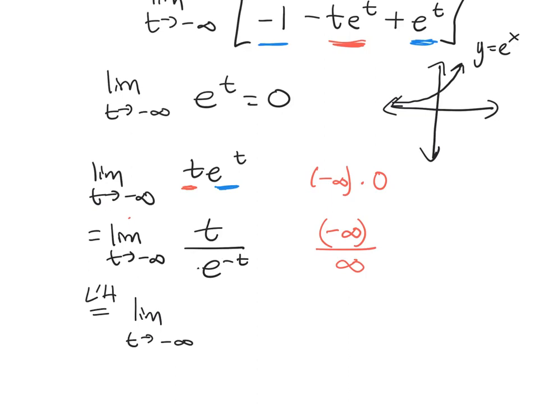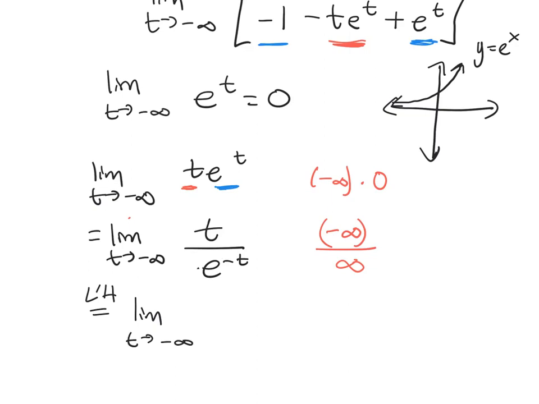So the reason why I know how to do that is because originally my limit is a product, right? I have negative infinity times 0. If I want to use L'Hopital's rule, I'd really like it to be a division. I can't move the polynomial down, and so I move the exponential down. So it's just to get it into that nice form so I can use L'Hopital's rule.